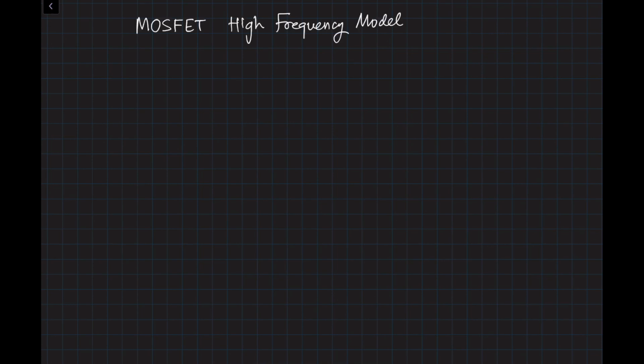To understand the MOS high frequency model, let's first draw the cross section of the MOSFET. Now this is something that, I've been telling all of you, you need to be able to draw on your own cross section. And this is an important part of learning. So please draw the cross section.